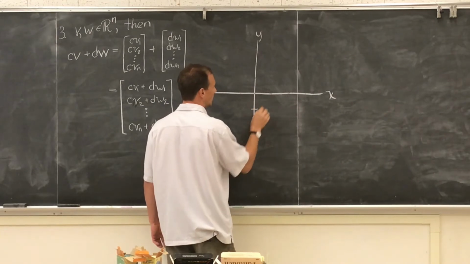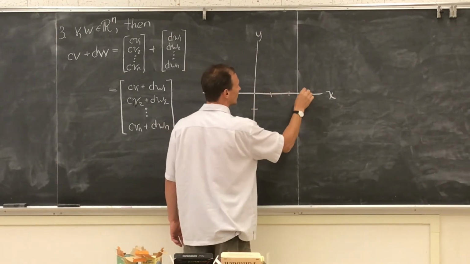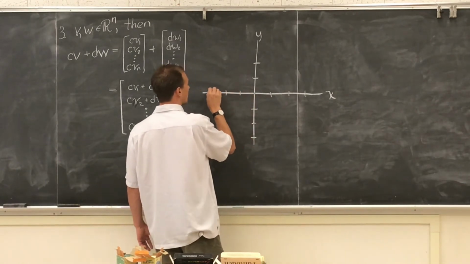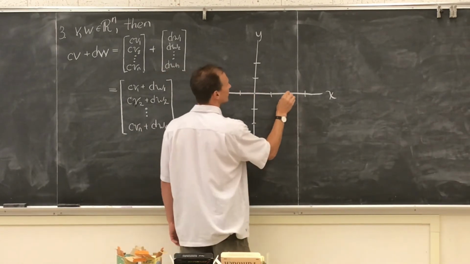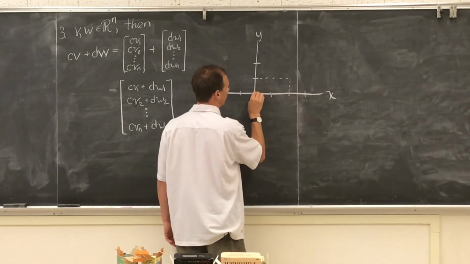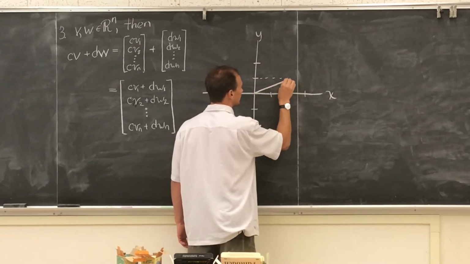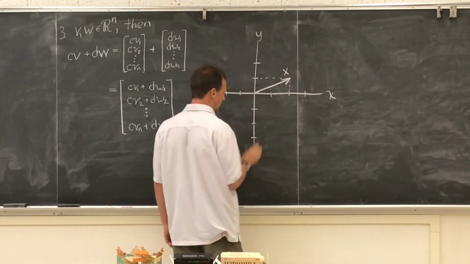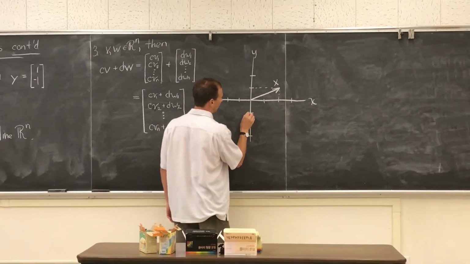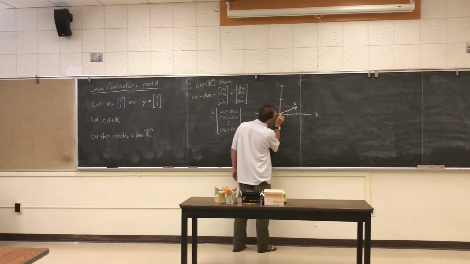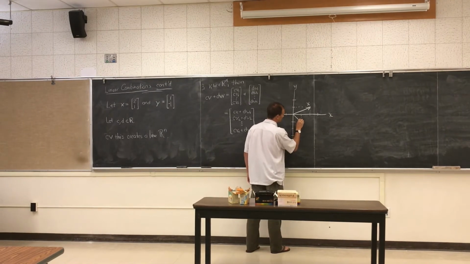I really only need just enough to get this started. Okay, so I'm going to graph. Here's the vector x. And then we also have the vector y, which is 1 and -1. So that's right here.